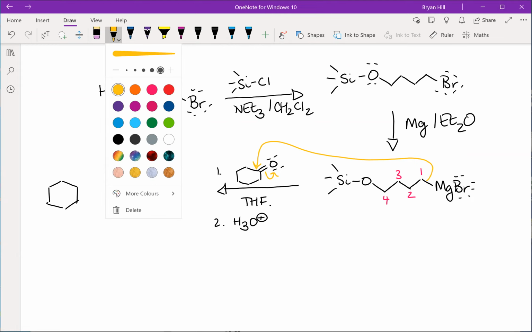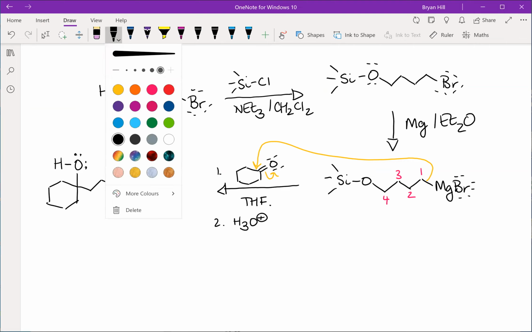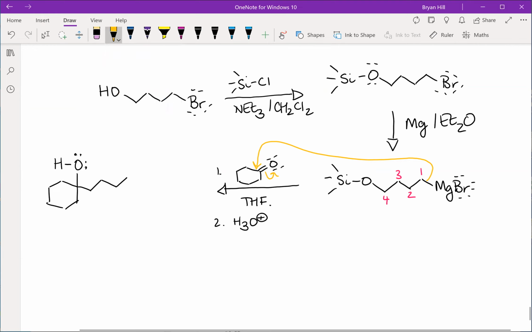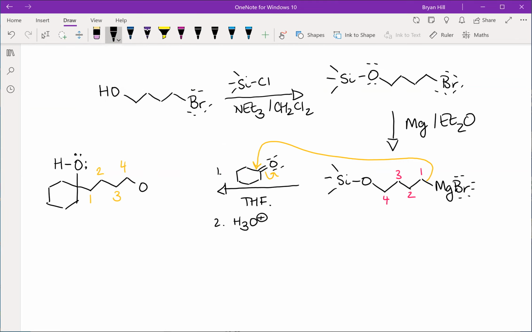So we will have, and we need 4 carbons. 1, 2, 3, 4. 1, 2, 3, 4. And on carbon 4, we're bonded to the silyl group, silyl ether.